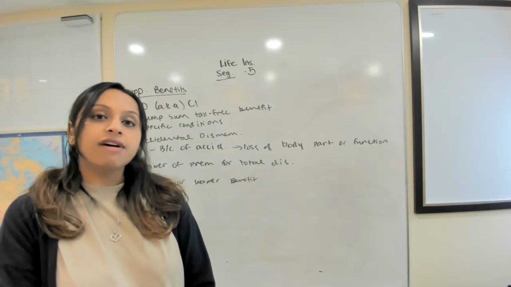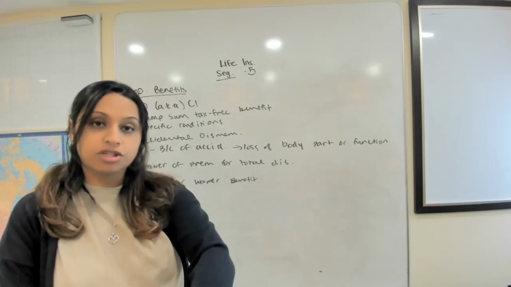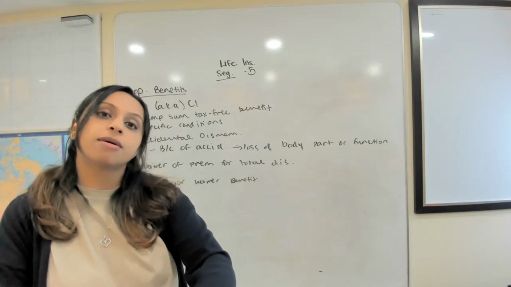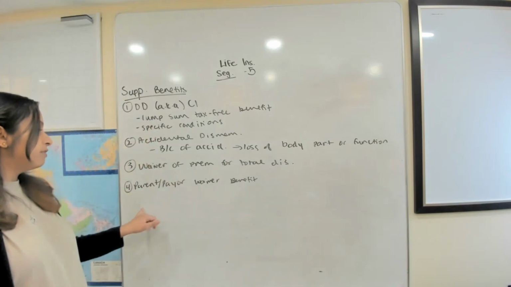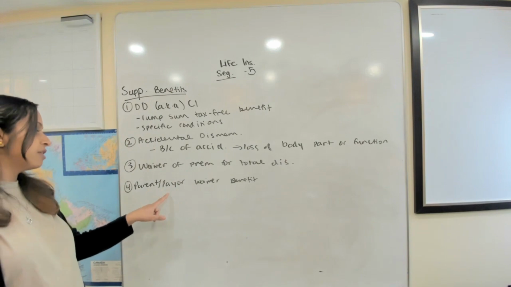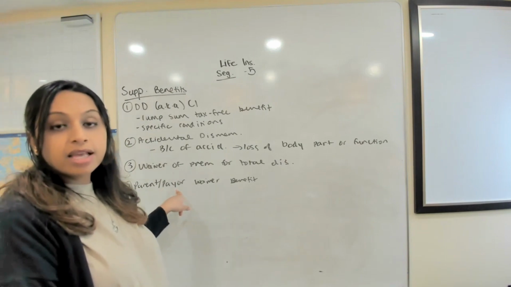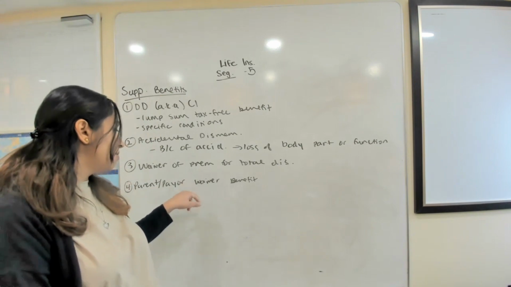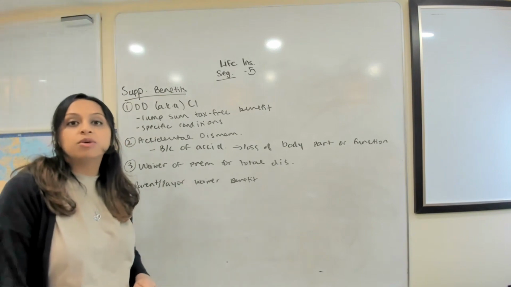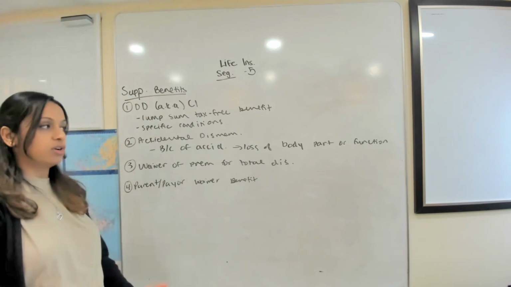So now instead of having the waiver for the original person, we need a waiver for the payer, the person who's actually making the payments. So this is where this benefit comes into place, that if the person who's actually paying the premiums becomes disabled or something happens to them, then the premiums will be waived, right? So that it can be added on as well.